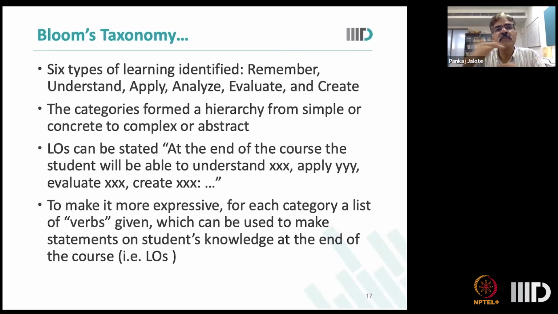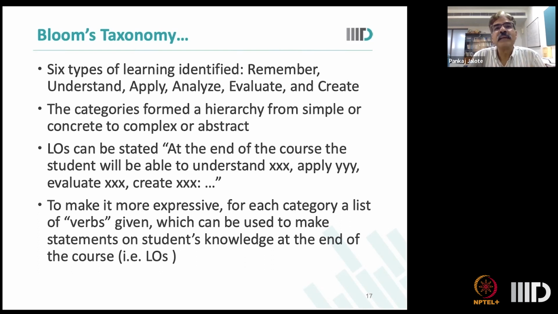So 6 levels of learning, 6 types of learning are there, from simple to more advanced and abstract or more complex. So remembering is the simplest, understanding is a little bit more advanced, more abstract. Applying something that you've understood is yet more complex. Analyze means not only do you understand and apply, you have to analyze things.